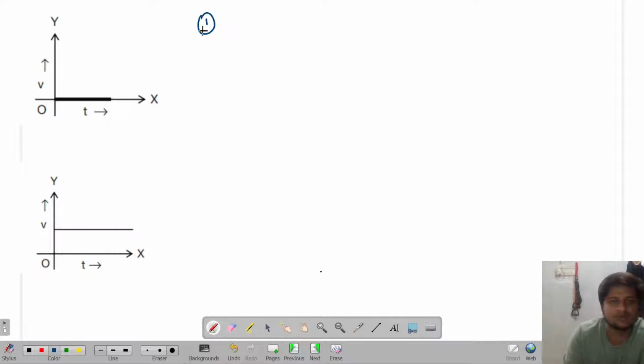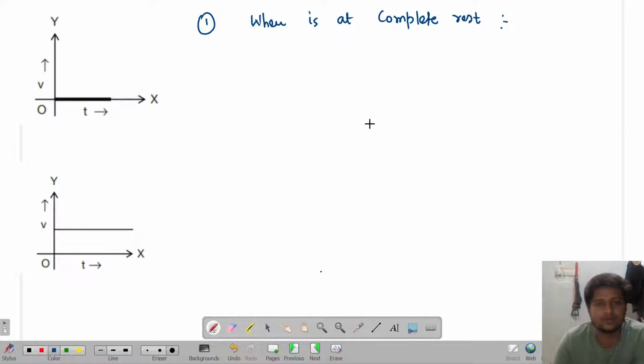So first case, when the particle is at complete rest. Then what will be the velocity time graph? Always its velocity is 0 as time increases.